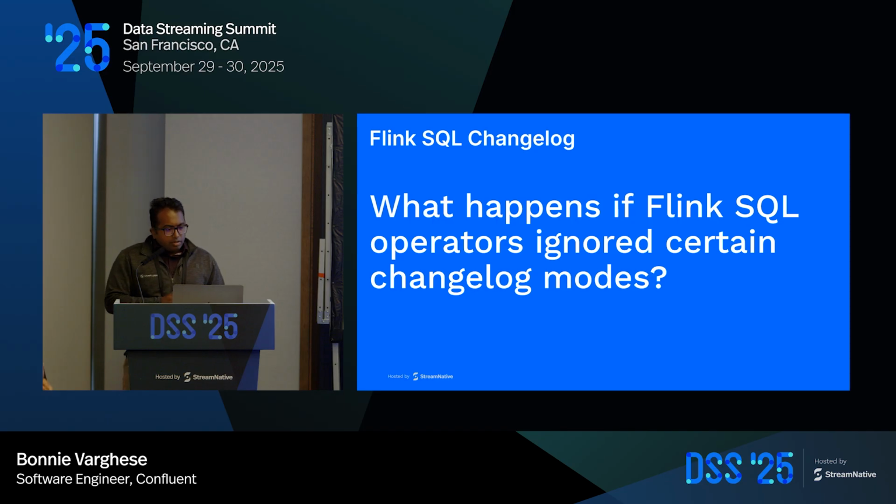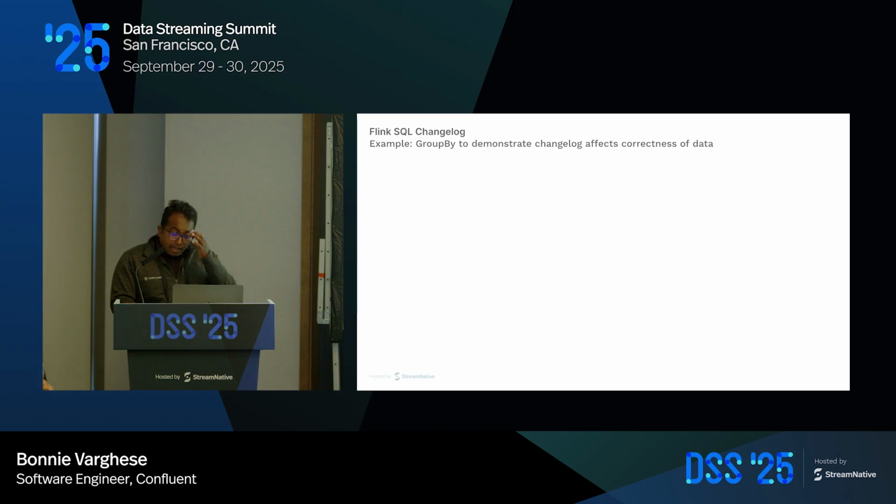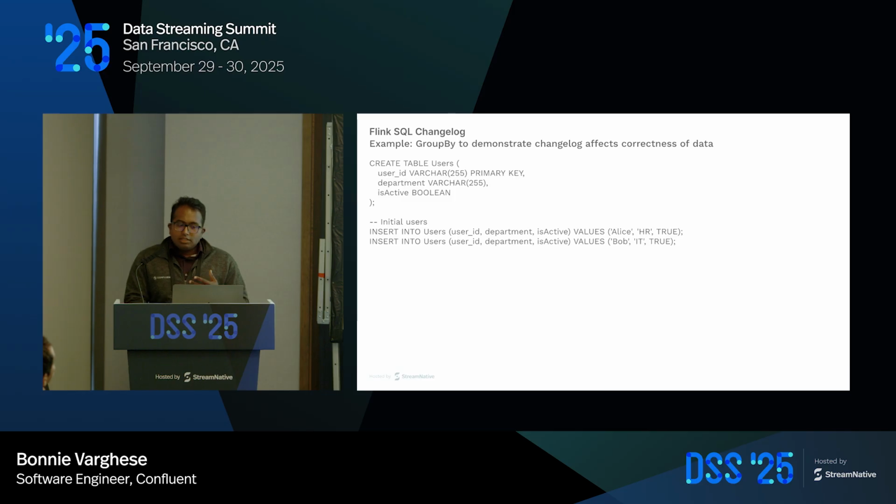Now you may be wondering what if certain operators ignore updates completely? Let's just stick to inserts. What happens in that case? I have an example here with group by to demonstrate what happens if certain operators consciously ignore changelog modes like insert, update before, and update after. Let's take a simple users table, which has three fields: user ID, department, and a boolean to indicate whether the user is active.